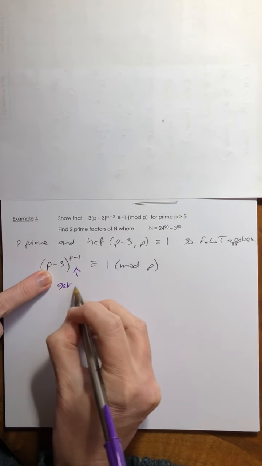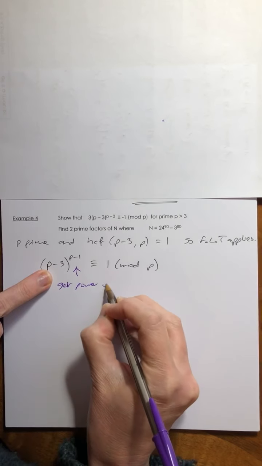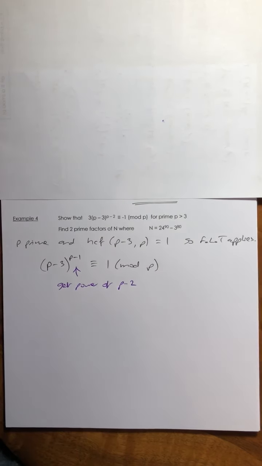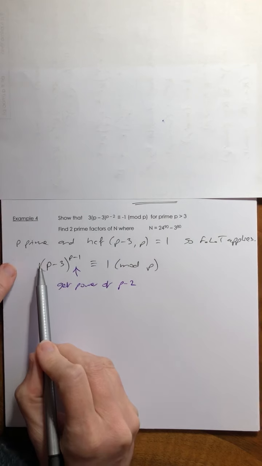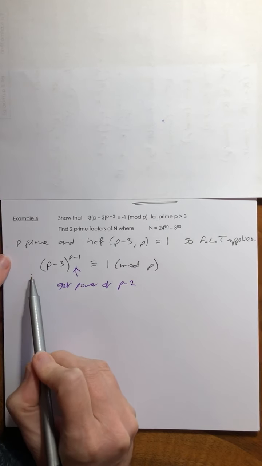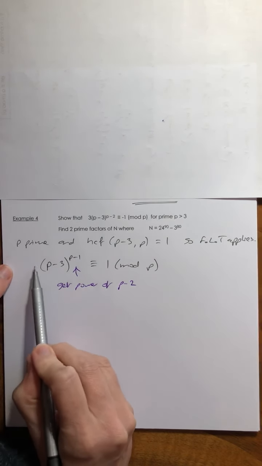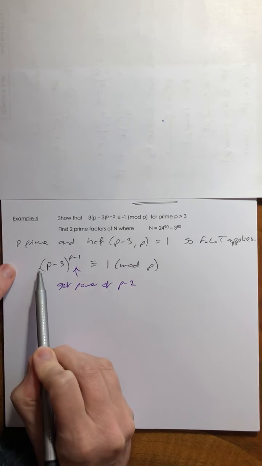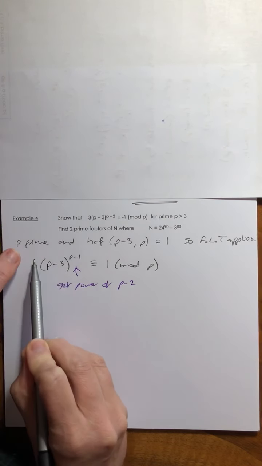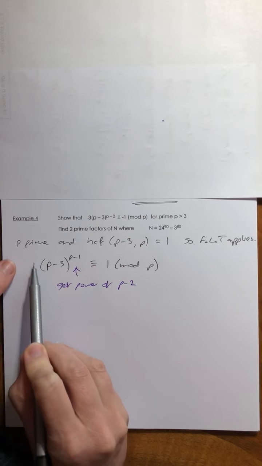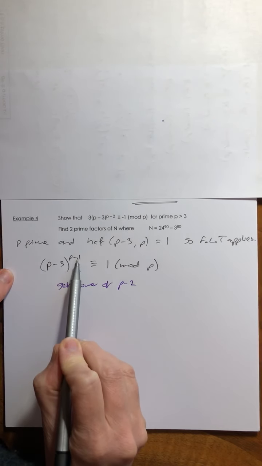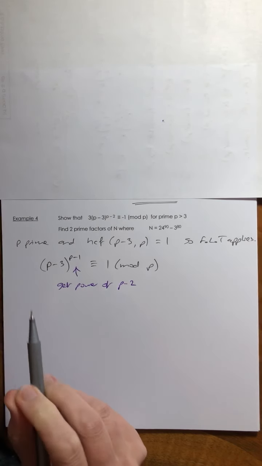I need to get a power of P minus 2. And I can instantly see how to do that. I would just take a P minus 3 there. So I'm going to take out one of those P minus 3, write it as a separate bracket, separate factor, and then that will change down to a P minus 1.